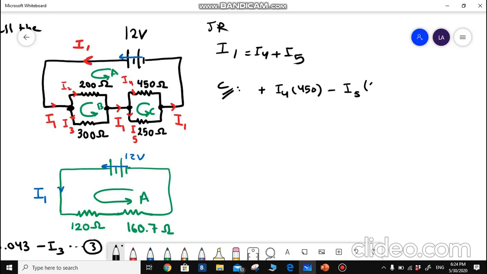Negative I5 times 250 is equal to 0. So here, again, let me name this equation. I think I can name it now. Let me say equation star. And this is equation double star, just for change.